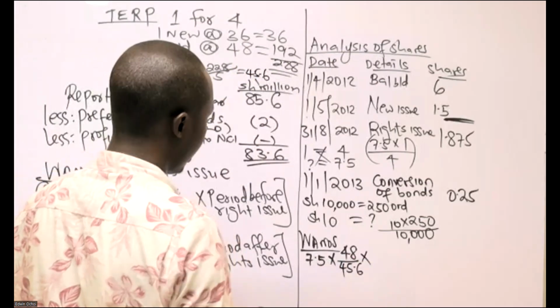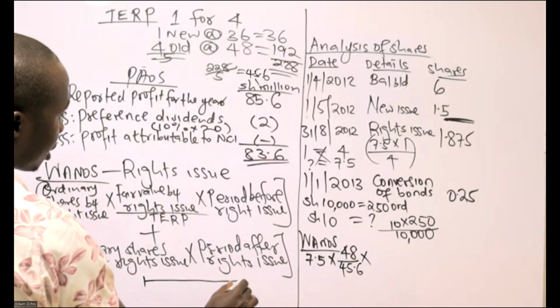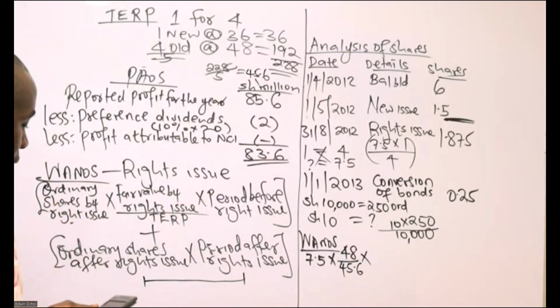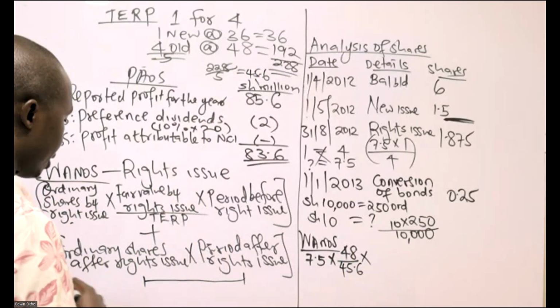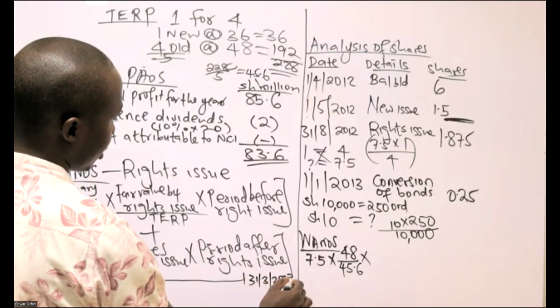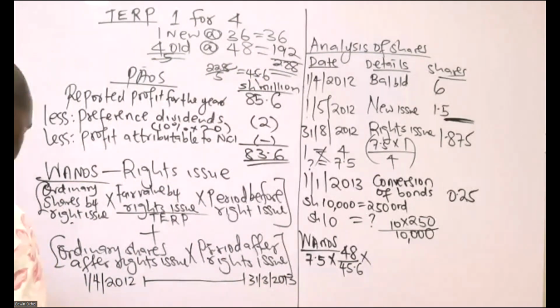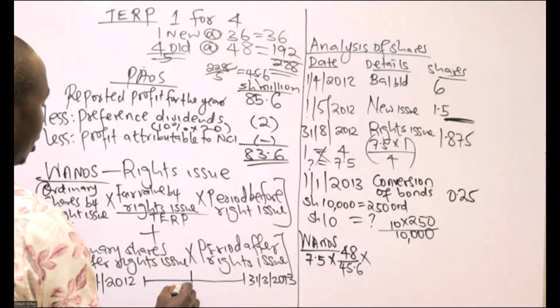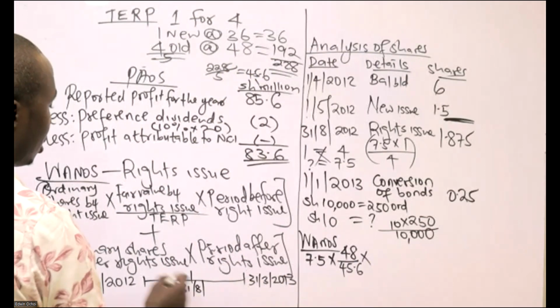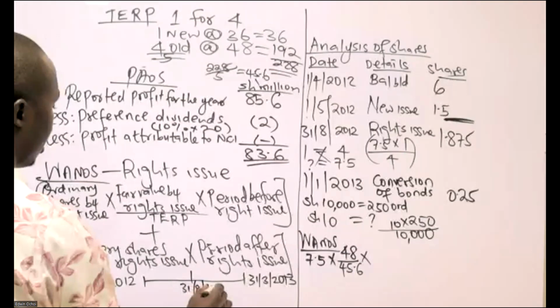So 45.6 times the period before the rights issue. Remember that our financial year was ending when? Our financial year was ending on 31st March 2013. It was starting on 1st April 2012. The rights issue occurred on, according to note 3, 31st August 2012.